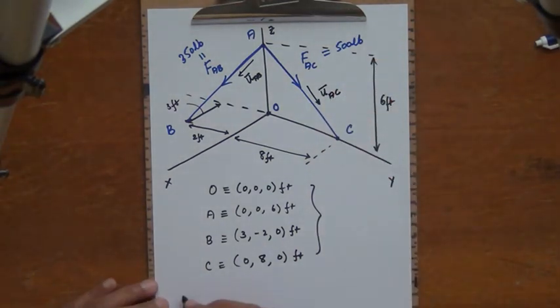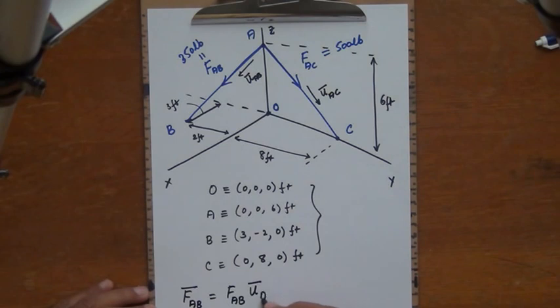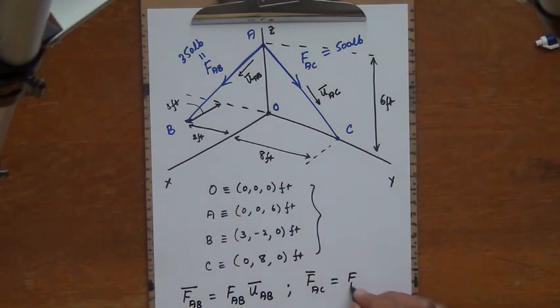And so we can write FAB is the magnitude times its unit vector, and then I can do the same thing. FAC is its magnitude times its unit vector.